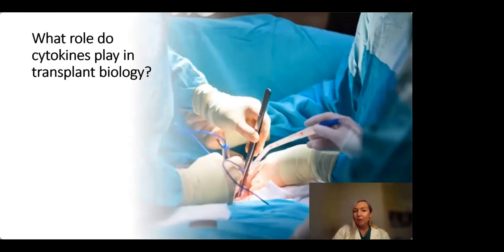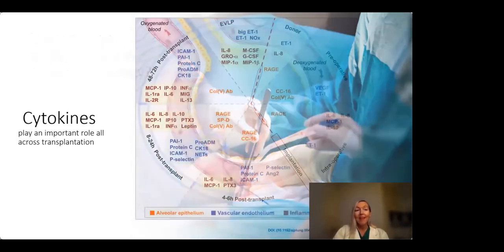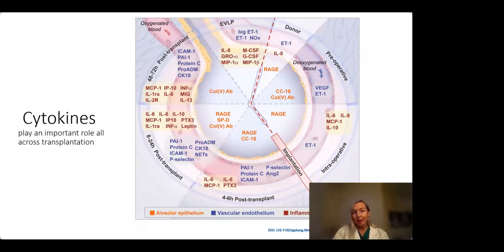So one would ask, is there really a role for cytokines in transplantation? And is there a role for actually trying to reduce those? Well, it might be. This figure shows a representation of the time course from the donor through the postoperative period, including ex vivo lung perfusion, and demonstrates that proteins and cytokines do play an important role all across lung transplantation.